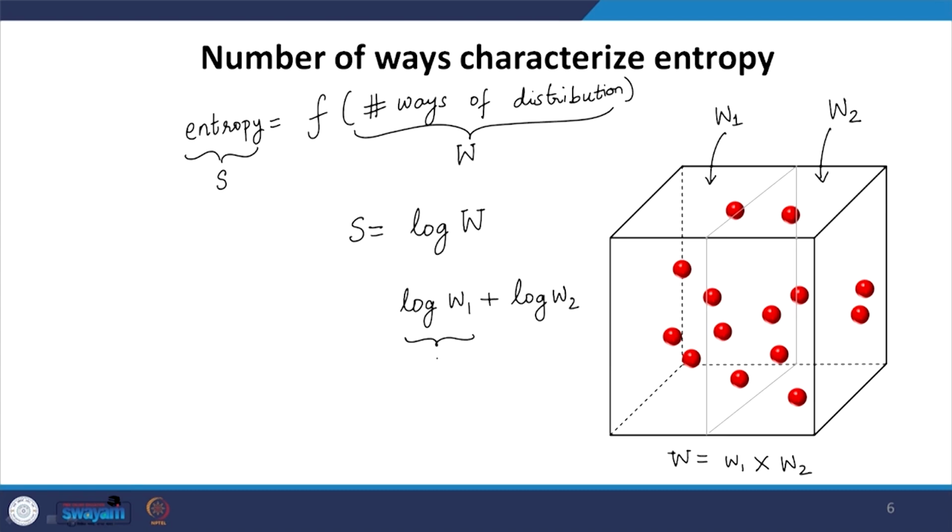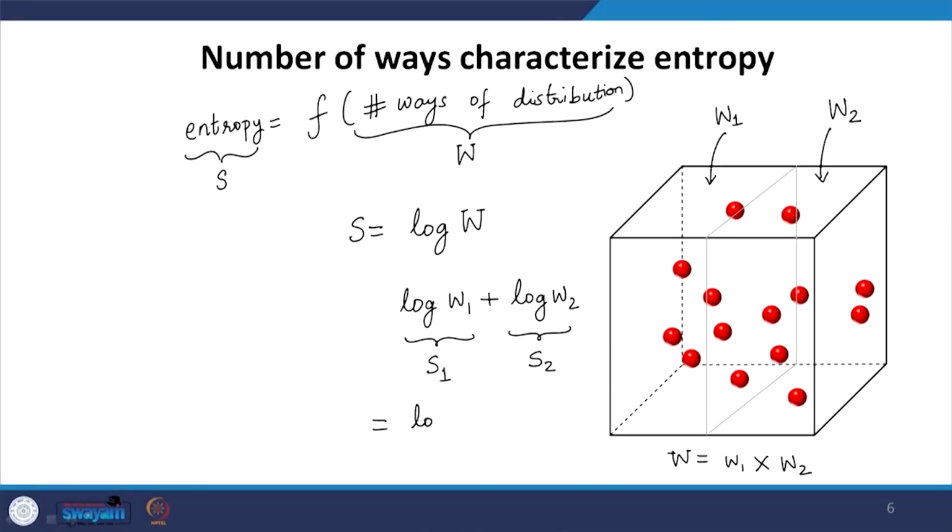Let me call that S1 for the first half and S2 for the second half, and the entropy of the total system will be S1 plus S2. It will not be S1 multiplied by S2. However, the number of ways, by the property of log, will get multiplied.